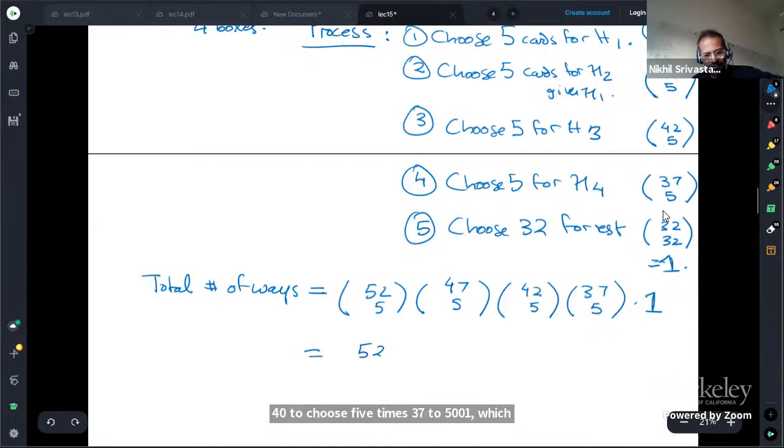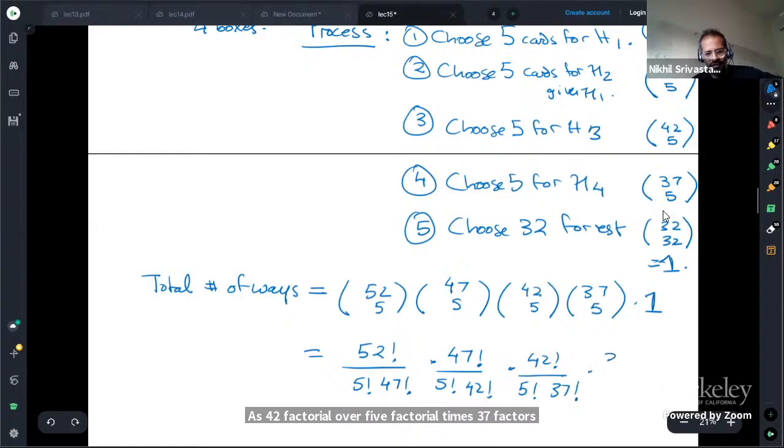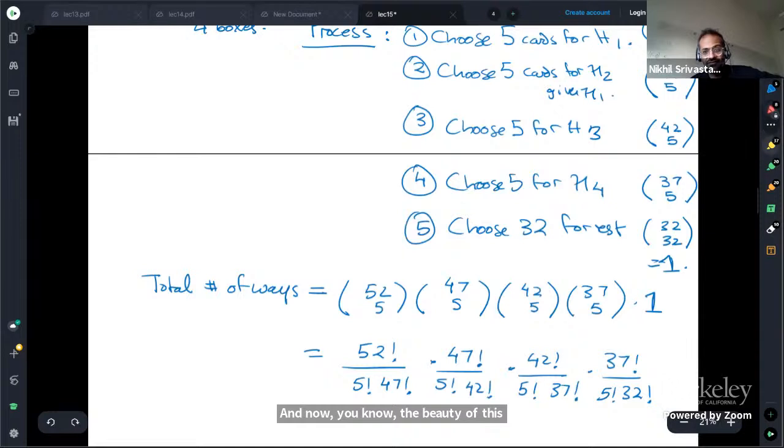Let's expand it out. This is 52 factorial over 5 factorial times 47 factorial, times 47 factorial over 5 factorial times 42 factorial, times 42 factorial over 5 factorial times 37 factorial, times 37 factorial over 5 factorial times 32 factorial. And now, the beauty of this is that there are a lot of cancellations.